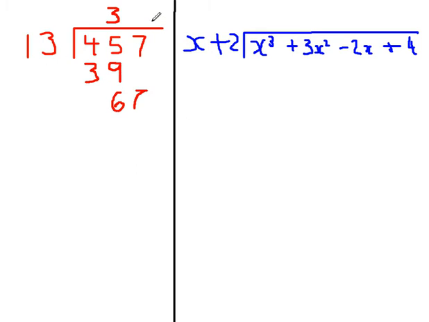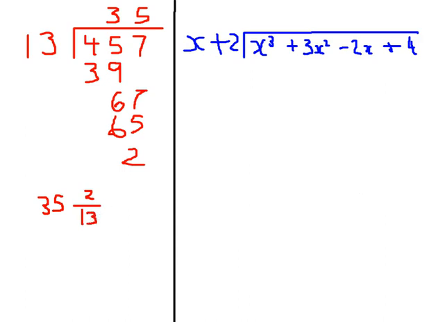The answer to that is 5. 5 13s are 65, leaving a remainder of 2. So the answer is 35, remainder 2. So 35 and 2 over 13, if you like.